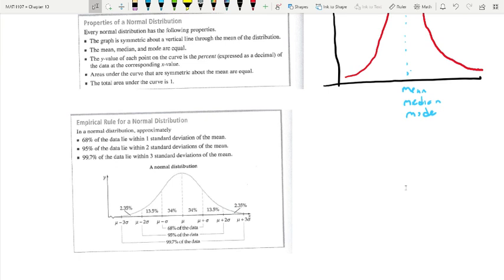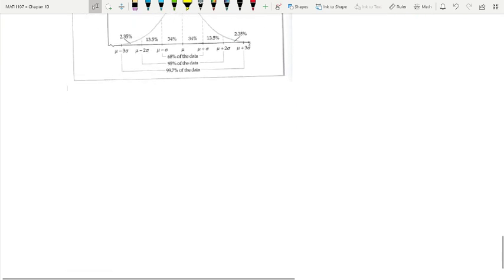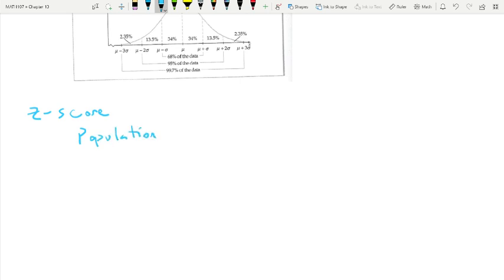So now let's talk about z-scores. Z-scores tell you basically how far away you are from the mean. And so for a population, the way you calculate this, the z-score is going to equal the value minus mu over the standard deviation.